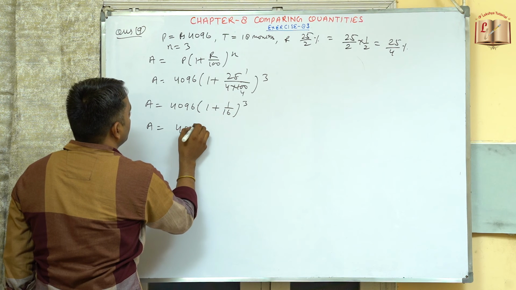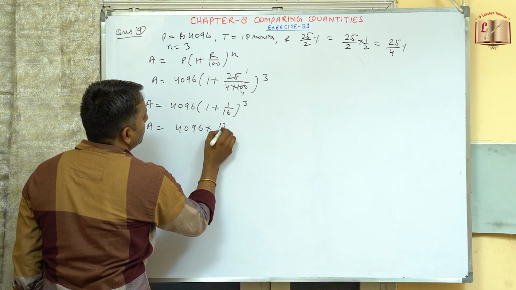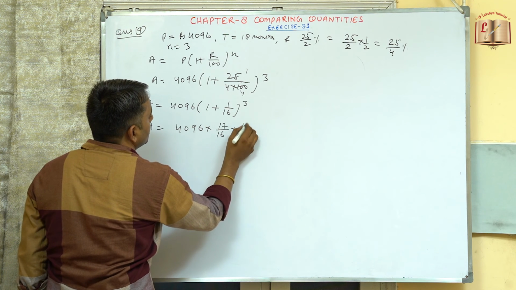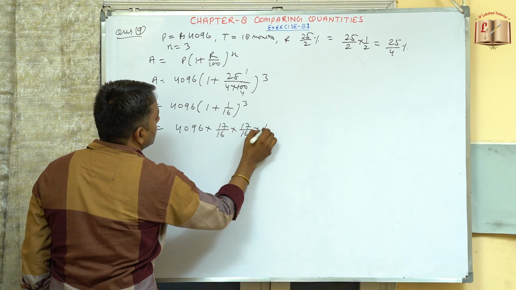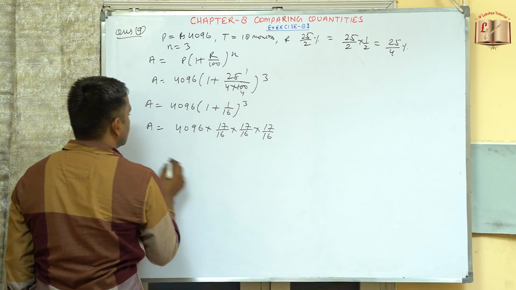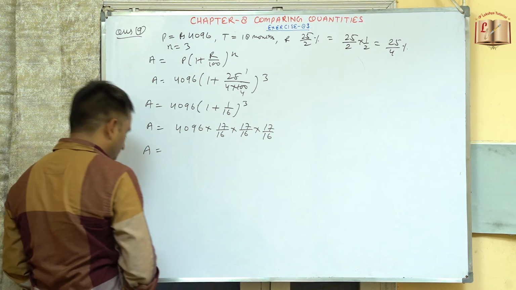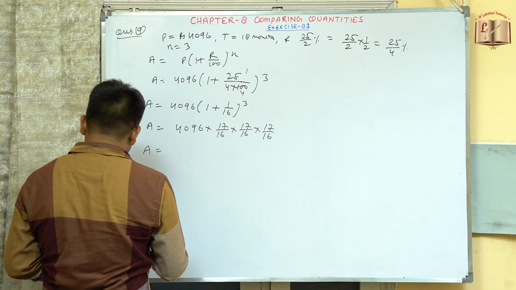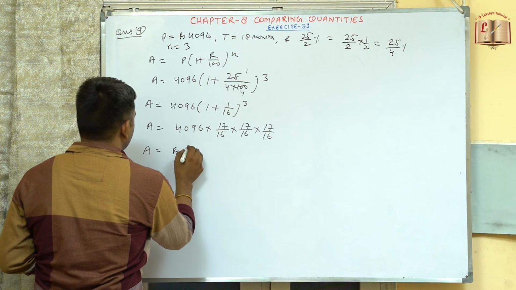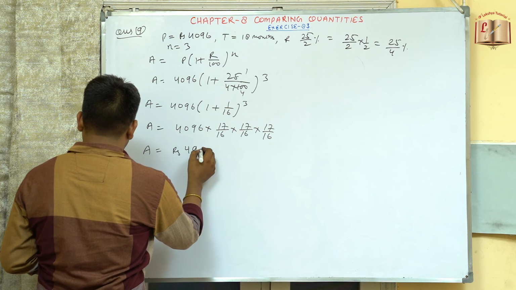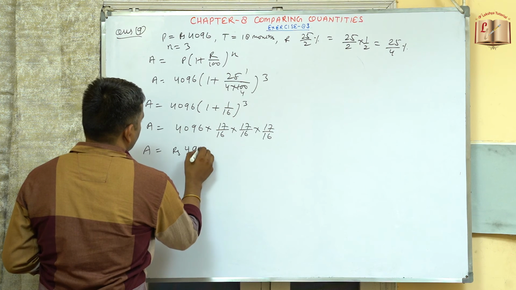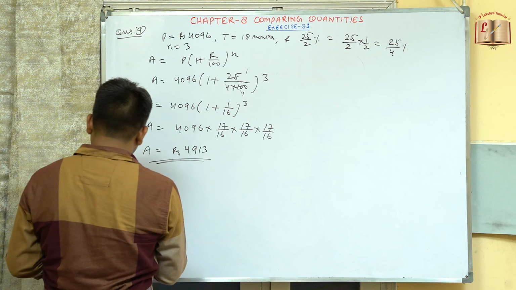So A equals 4096 times 17 by 16 times 17 by 16 times 17 by 16. From here we get A, which comes out to be rupees 4913. So this will be the amount.